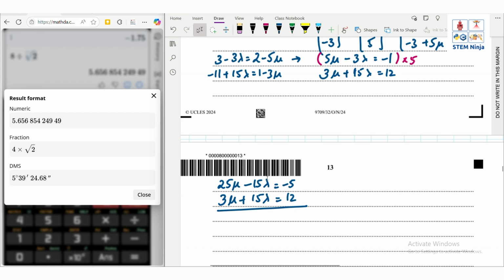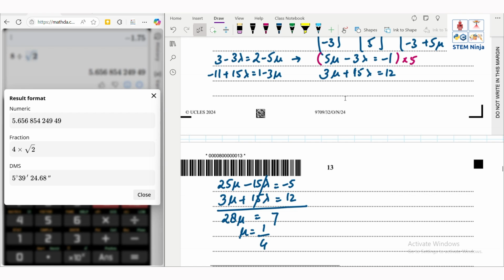So we don't even need to change the sign. This would cancel. 25 plus 3 is 28 mu, 12 minus 5 is 7. So mu would be 1 over 4.